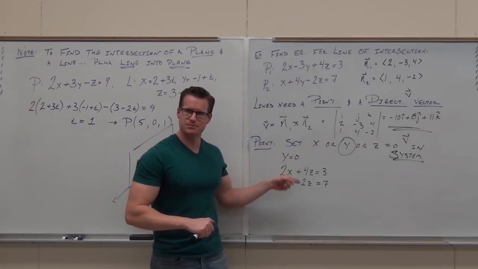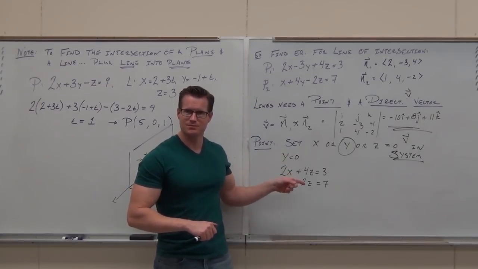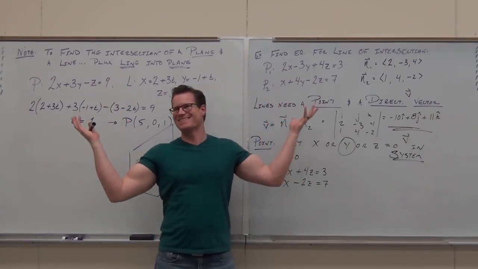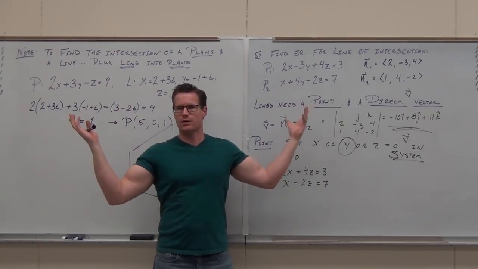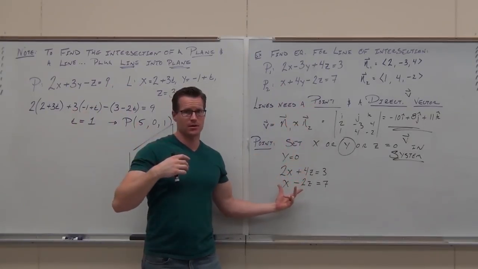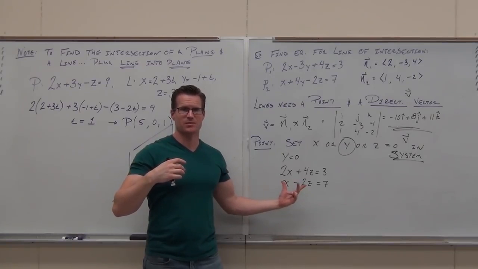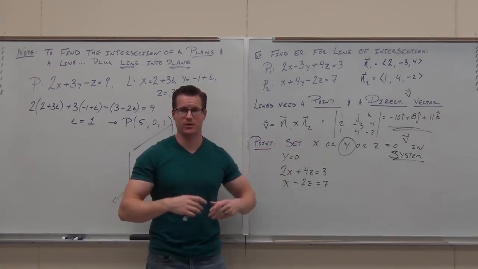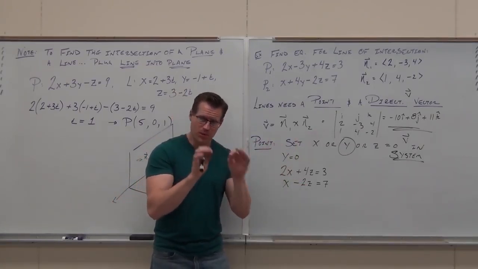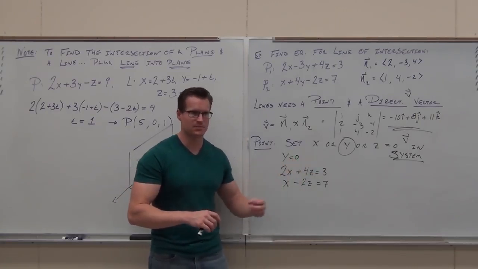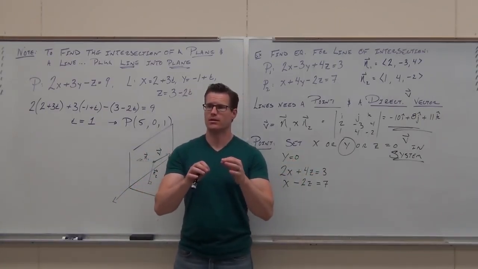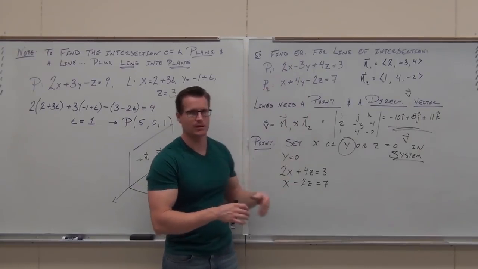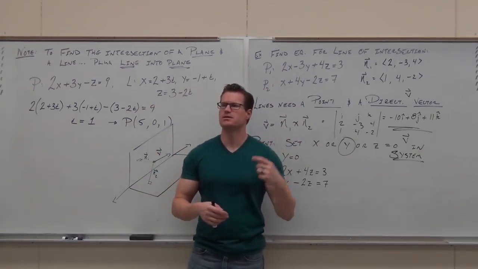Do you know where the y's went? Gone! Zeros! What are the only two variables left? X and z. That means it's going to be on the xz plane. Where y is 0, you're on the xz plane. We're going to find the point where this system, the line of intersection of the two planes, hits the xz plane.